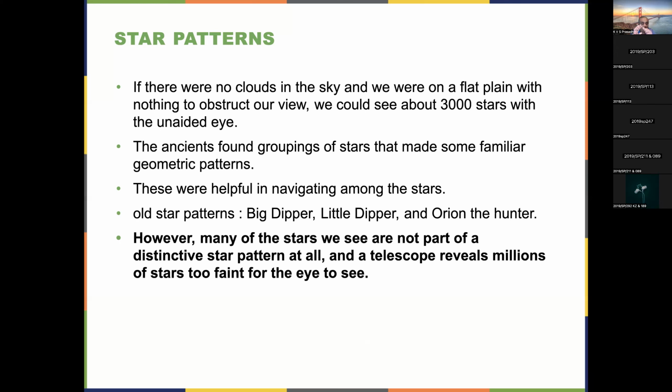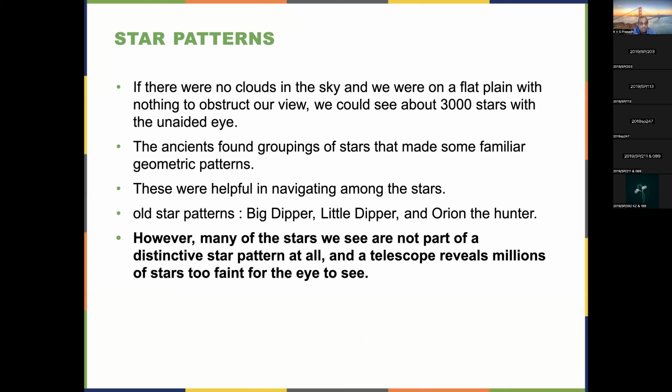Then you can point your telescope very easily to that particular location, right? So that's a practical usage of these constellations or groupings of stars. That's what I mean by the third sentence, that this is very helpful in navigating among the stars, right? So you can go from one place to another on the sky using these star patterns, right?